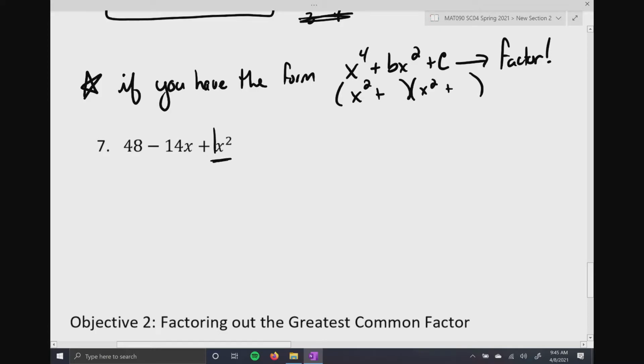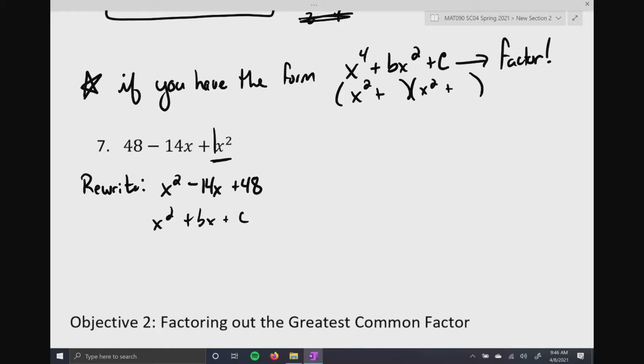So let's rewrite it first. We're going to put it in that form, x squared plus bx plus c. That's the only way I can make this more difficult, by switching things up, trying to trick you.